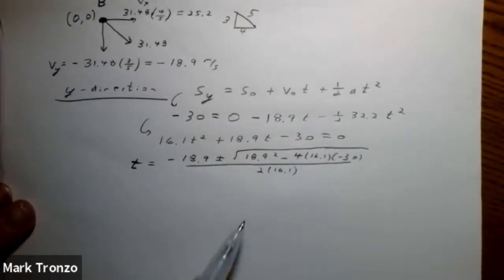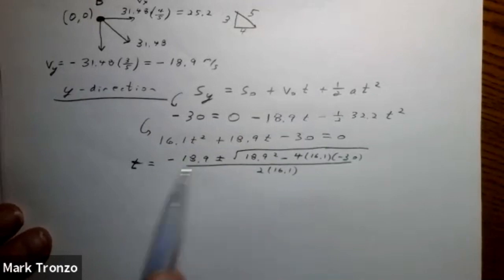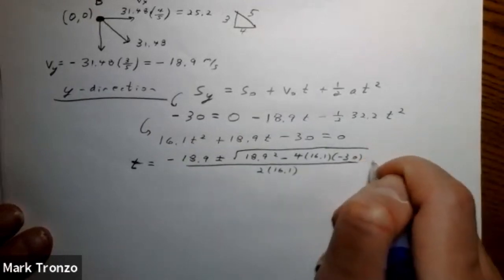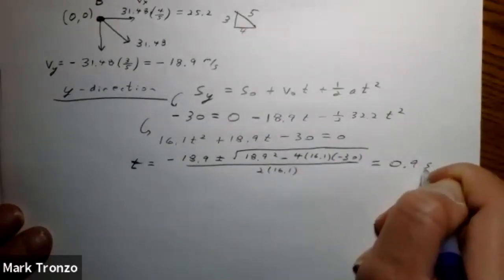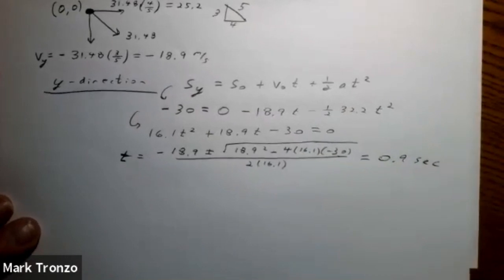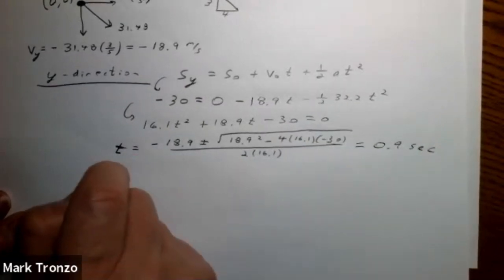When you put it into your calculator, one of them will be negative, the other positive, and the positive one is the one we want. It looks like about 0.9 seconds. So that's the time to hit the ground.